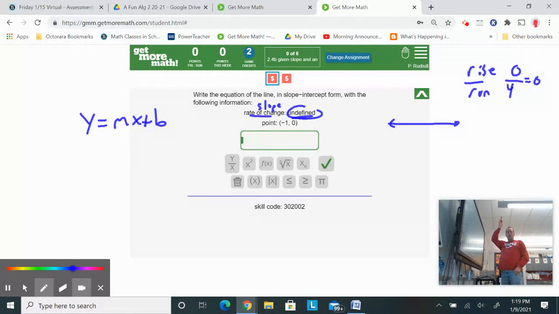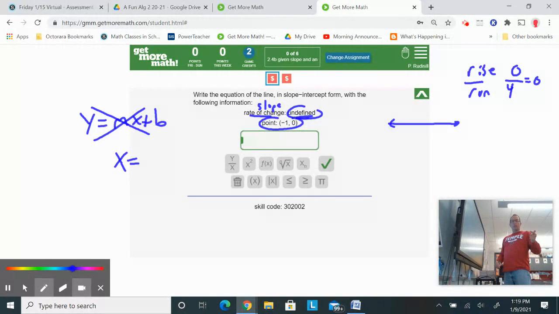And a vertical line always has the same x value. So the x has to be the same. We had looked at that before, so it's just a real simple equation. X has to equal, and we're not even going to write it in slope-intercept form because the slope is undefined. So the equation would be x equals, look at the point that's given.